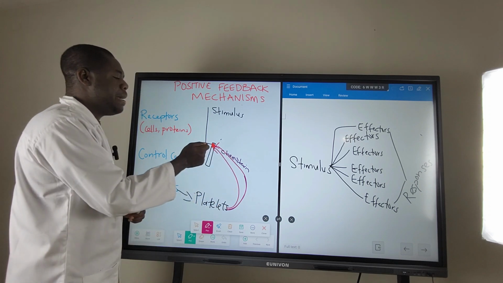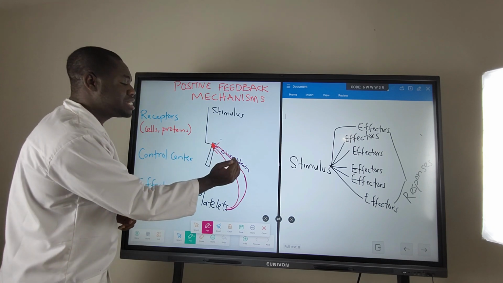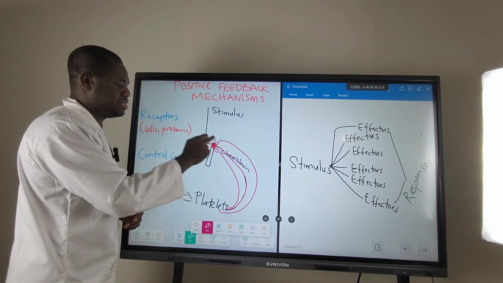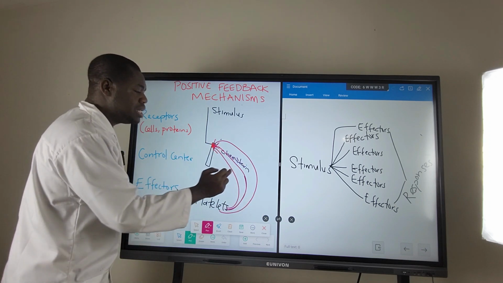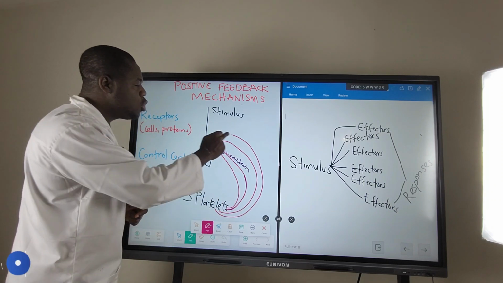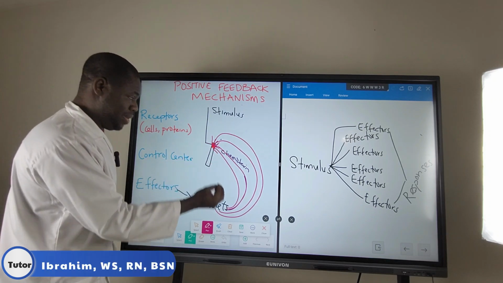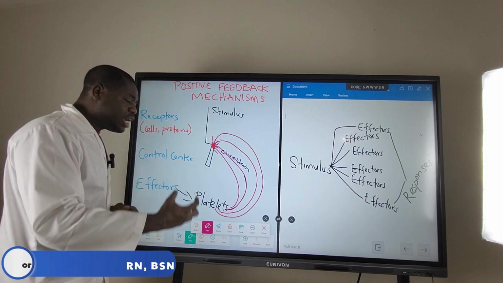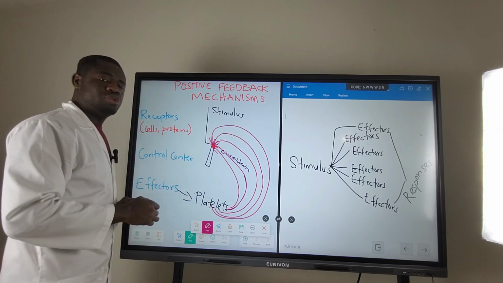As more platelets migrate to the area of bleeding and bind to the bleeding site, this chemotaxin is released that causes more platelets to go to the bleeding site. As more platelets go to the bleeding site, this chemical is released that also causes more platelets to bind to the area of bleeding, to stop the bleeding.